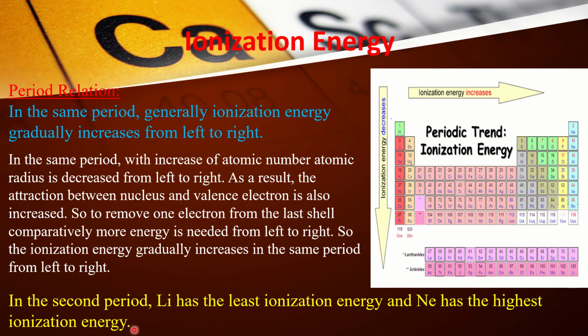It is not that after lithium, boron, beryllium, carbon, nitrogen, oxygen, fluorine, it gradually increases. No, there are some exceptions, but you have no need to learn this here. Just remember that ionization energy gradually increases in the same period and gradually decreases in the same group.